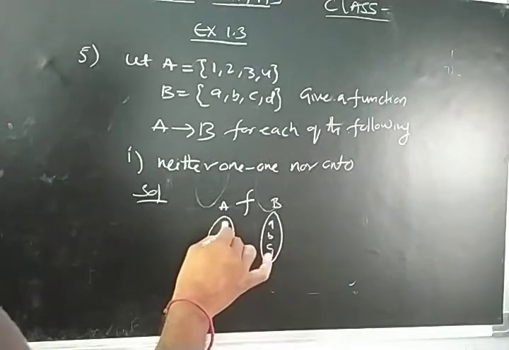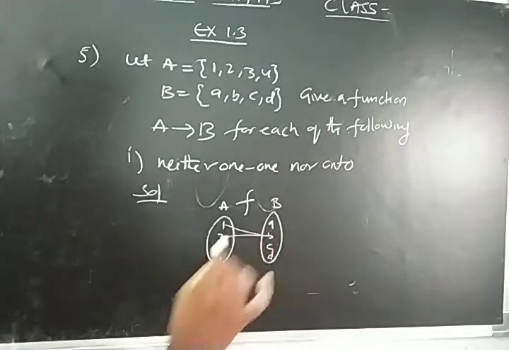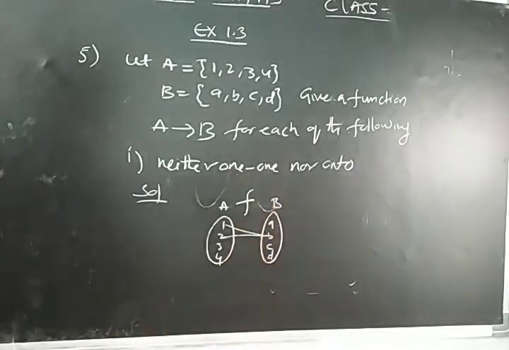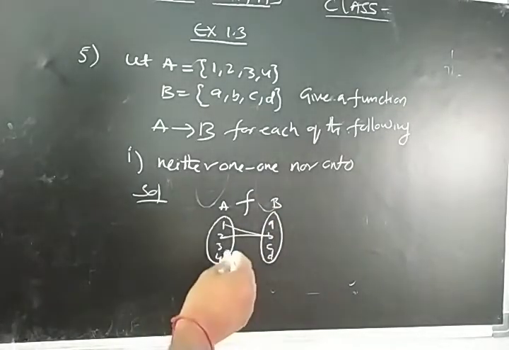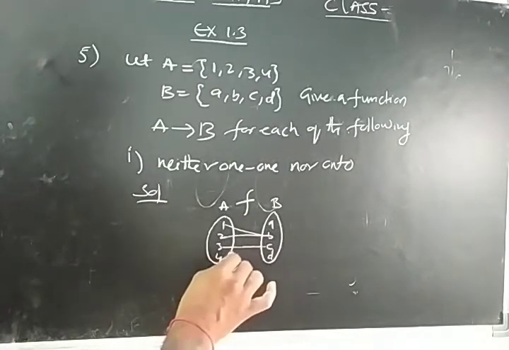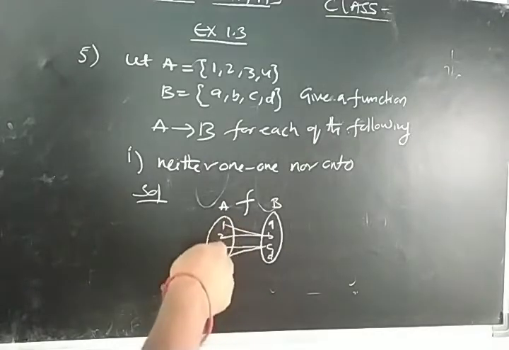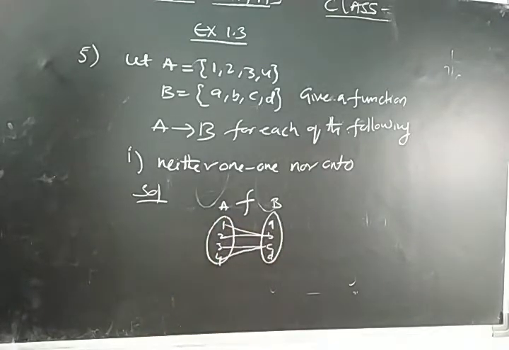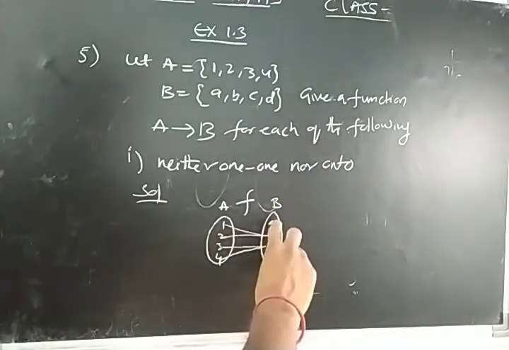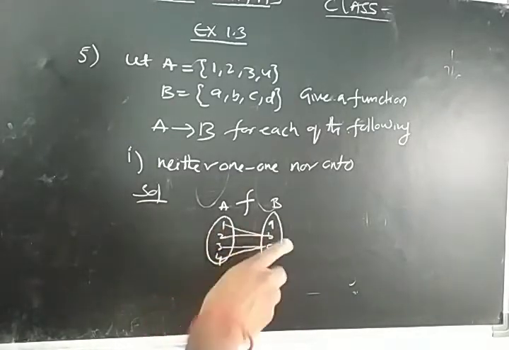So I am using, okay, two different elements, one image. So automatically it is not 1-1, and like this. See here, different elements not having different images, so it is not 1-1. Every codomain element not having a pre-image, so it is not onto, but it is a function. Every element has a unique image.